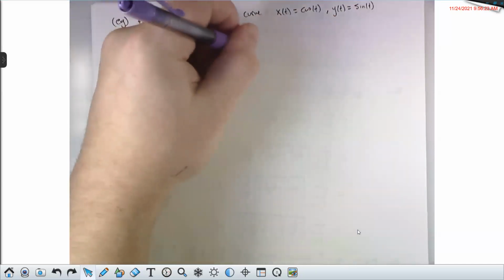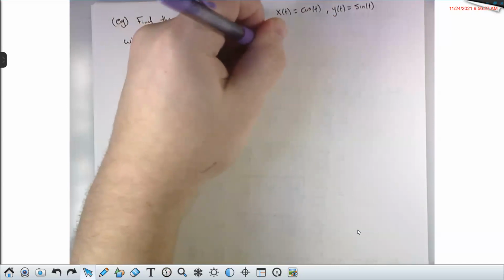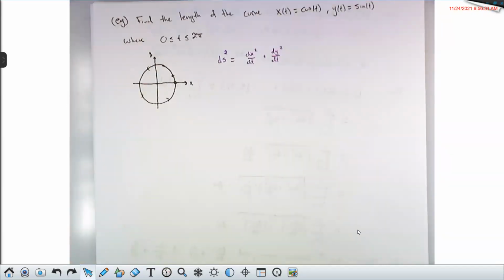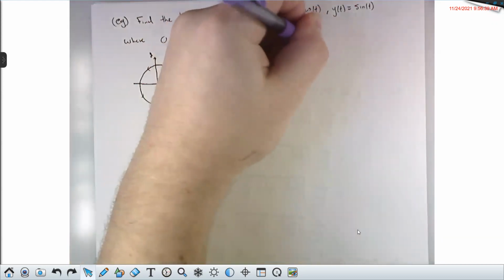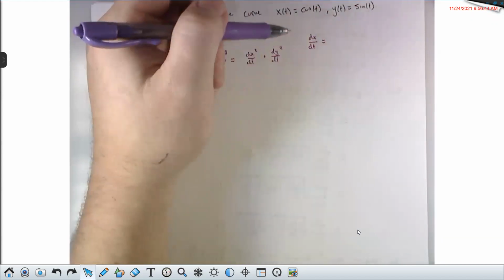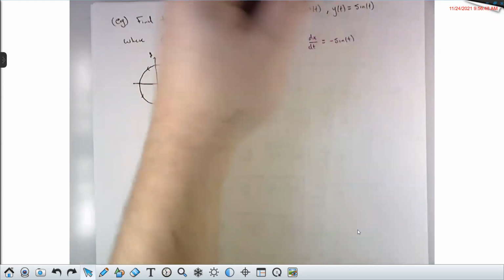This is dx/dt squared plus dy/dt squared. And dx/dt, the derivative of your cosine function, is negative sine t.